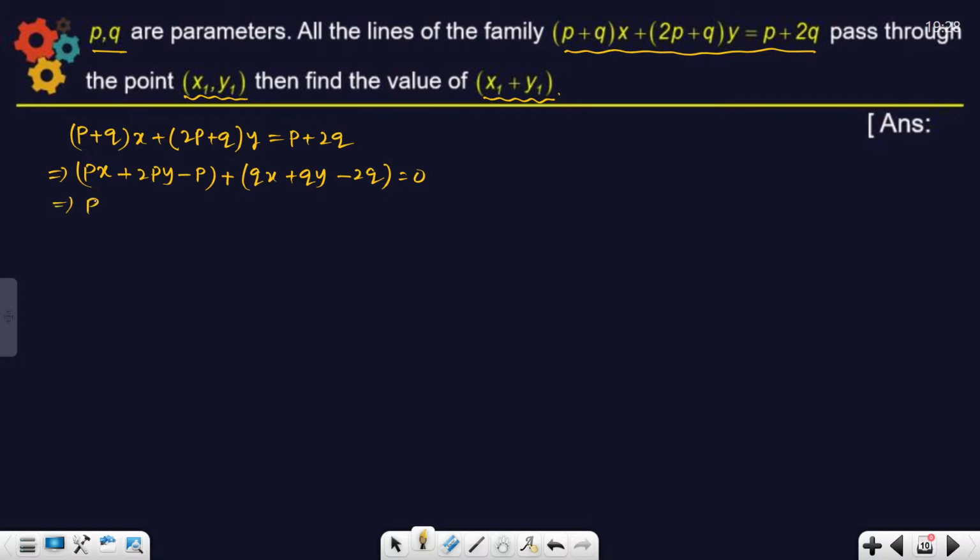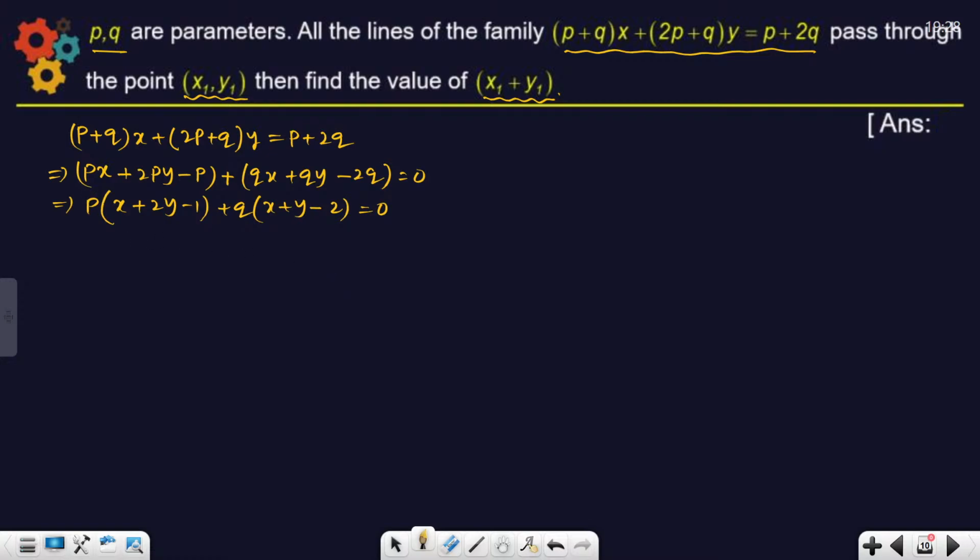So if I take p common, we are having p(x plus 2y minus 1) plus q(x plus y minus 2) equals 0. Now, can you see one thing?